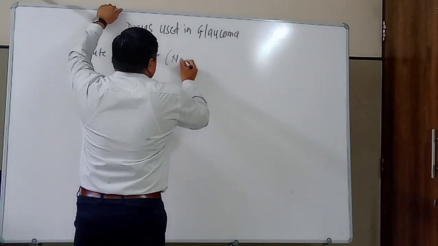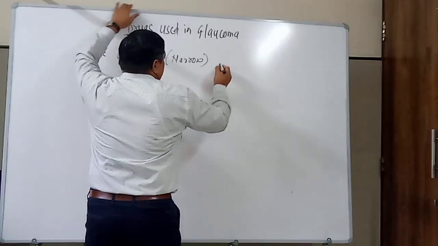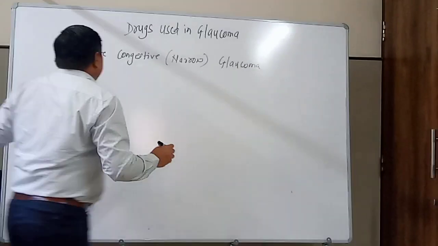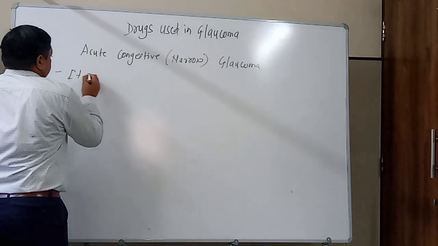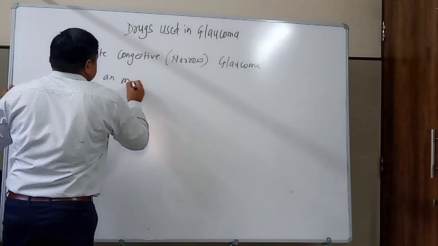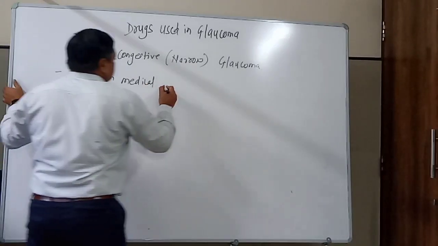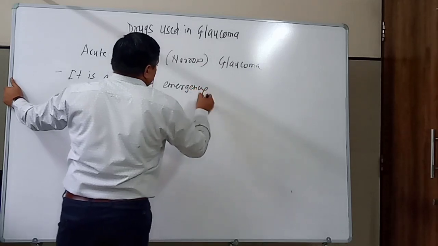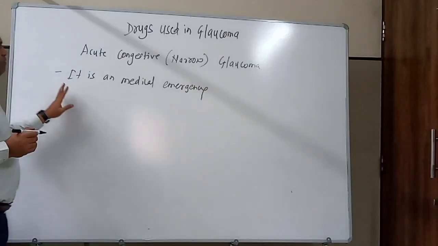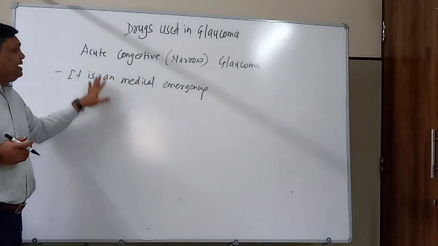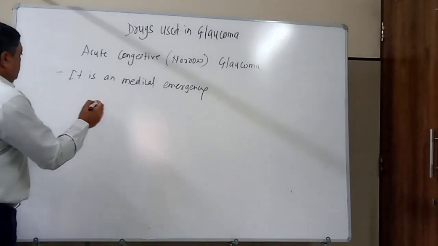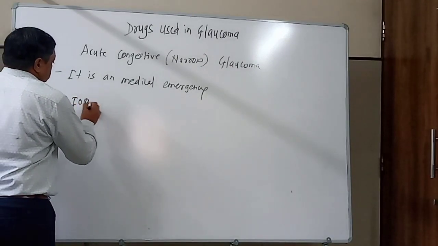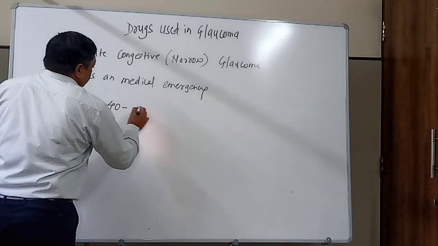Now, narrow angle glaucoma. It is a medical emergency. Intraocular pressure remains normal till the attack of acute congestive glaucoma, and then intraocular pressure is raised up to 40 to 50 mm of Hg.